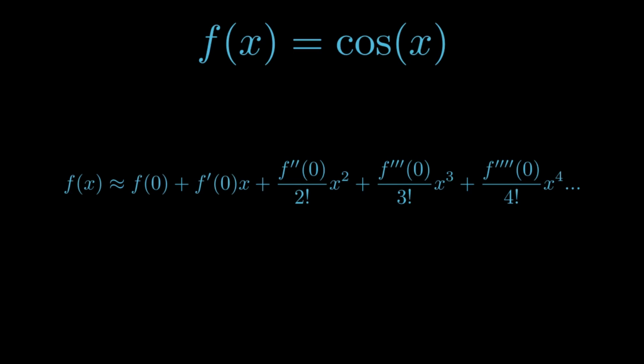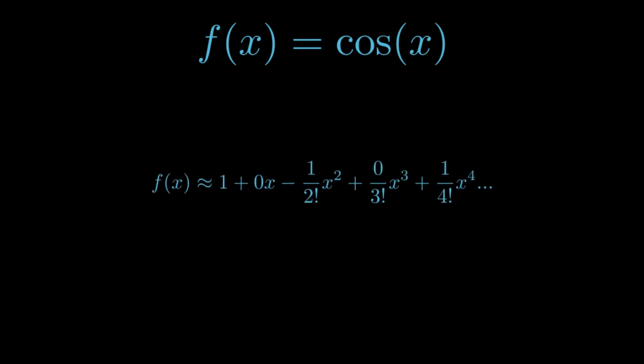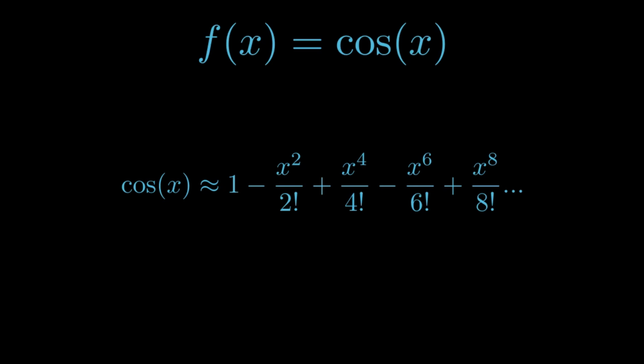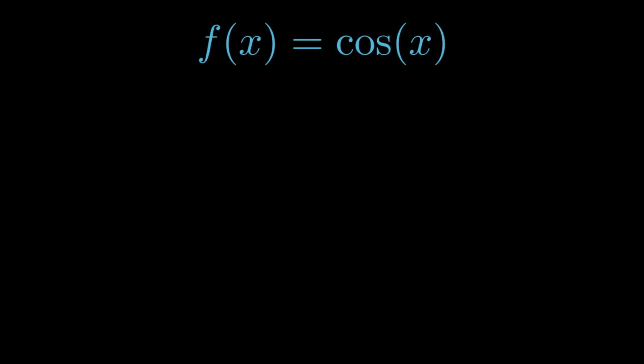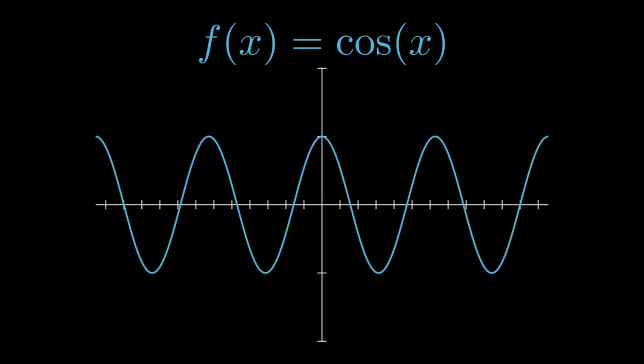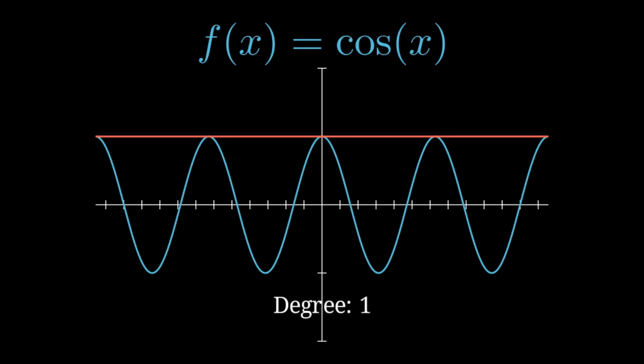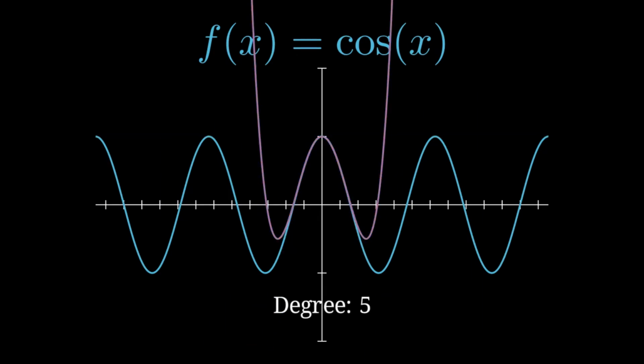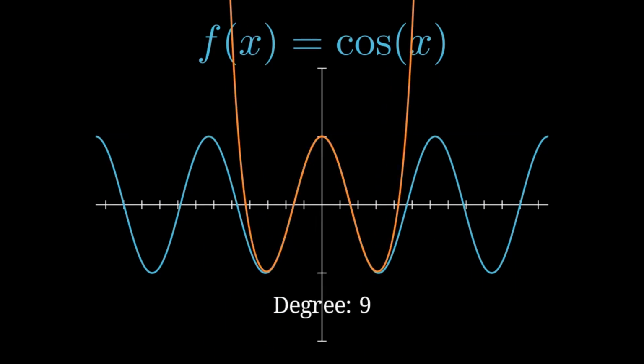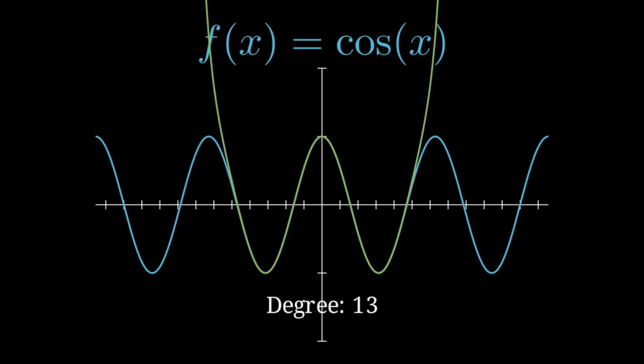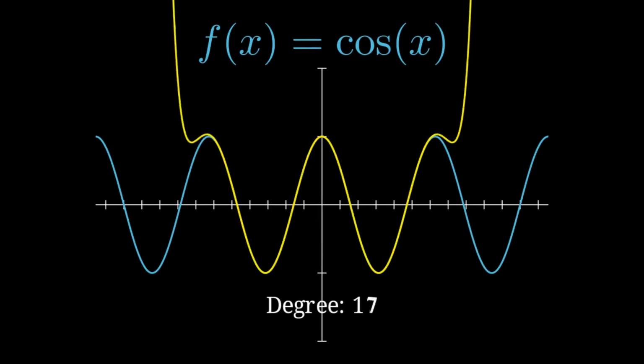Let's substitute the derivatives we calculated. Simplifying the expression, we get this. Let's visualize this approximation. As you can see, the more terms we add to the Taylor series, the better the polynomial approximates the cosine function.